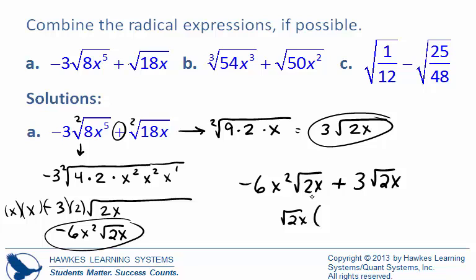If I take the square root out of this term, that's going to leave me negative 6x squared. And I've got a plus in between. And if I take the square root of 2x out of this term, that's going to leave me a 3. And so this will be our final answer for this problem.